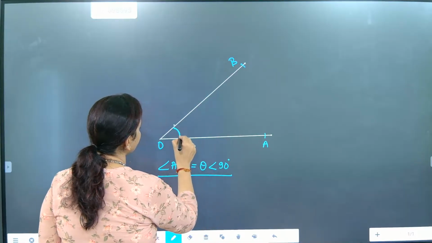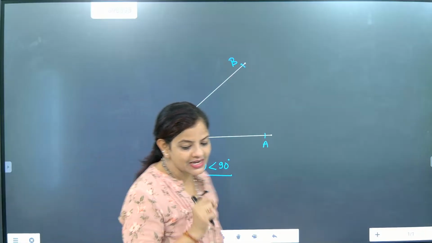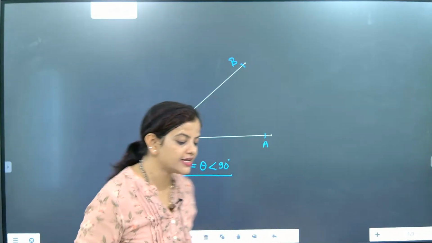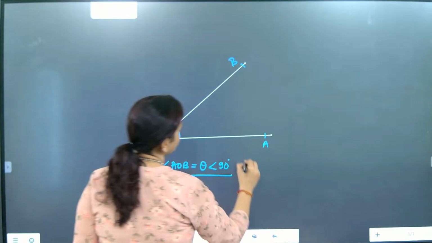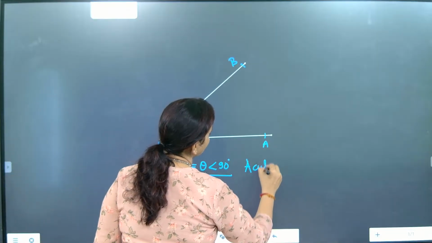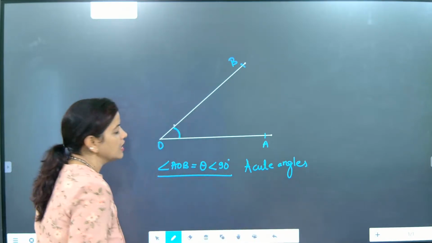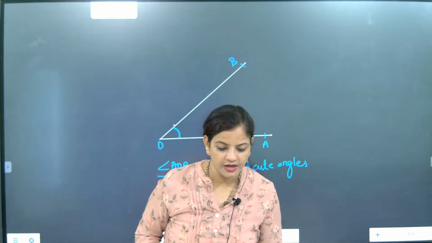Whatever angle is here, that angle should be less than 90 degrees. Once the angle is less than 90 degrees, it is considered an acute angle. So acute angles are those angles which are between 0 and 90 degrees.